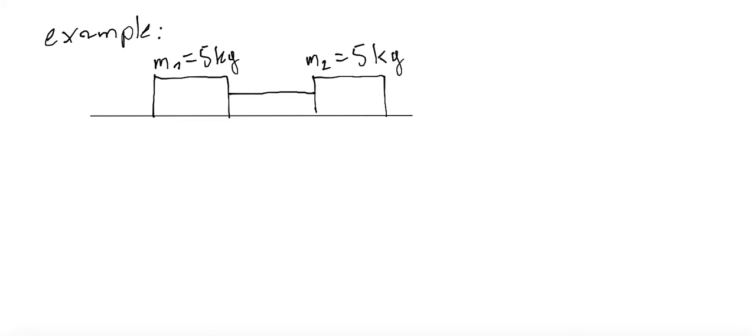Now a little bit different, because we don't know the overall force, but tension is given. Let's imagine that tension in this case is 10 newtons, and the question is about the overall force.